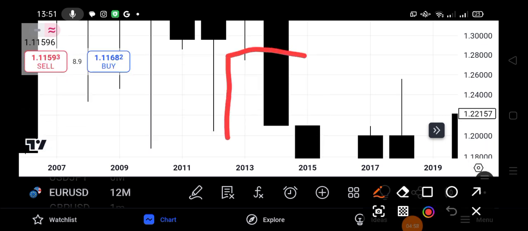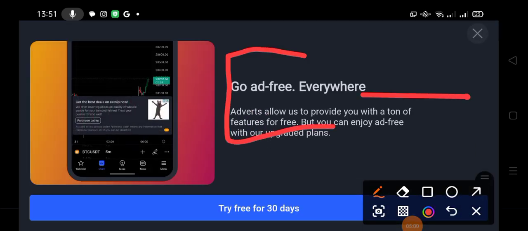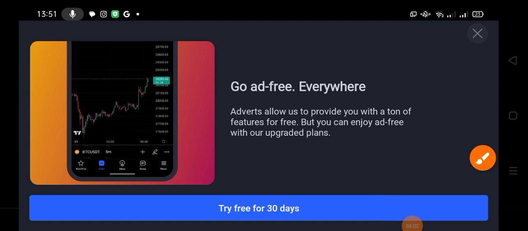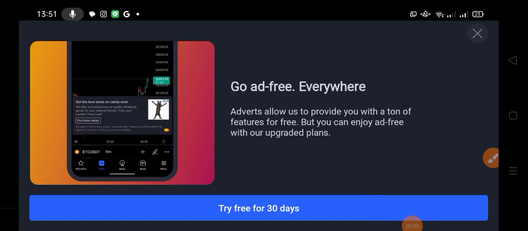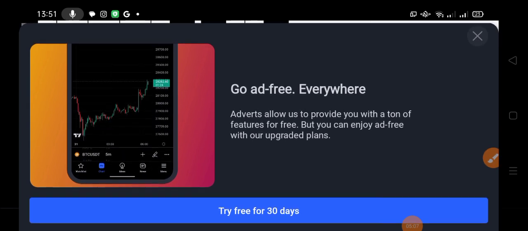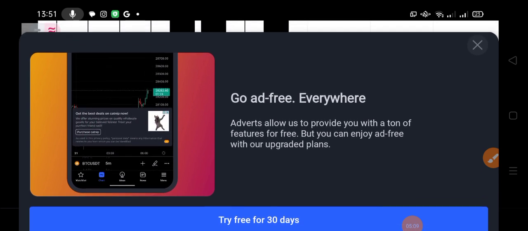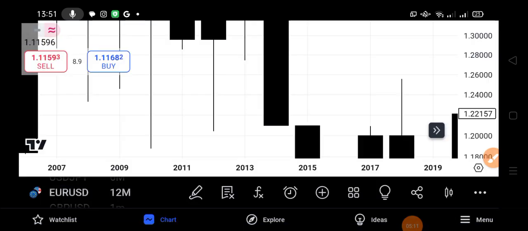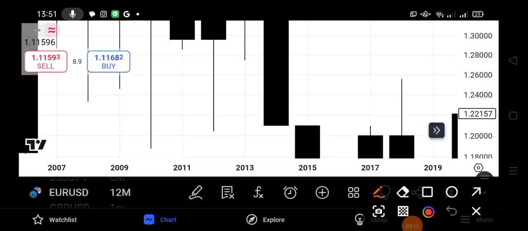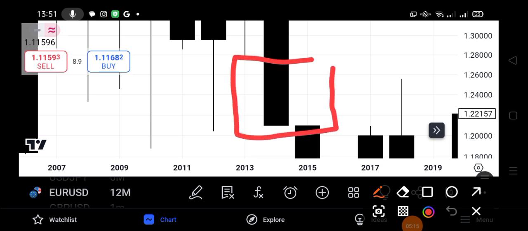This space right here, right? It's the ads, guys. Sorry. It's the ads, and my phone. So I'm talking about this area here when I'm talking about balancing price. This is what we call FVG, fair value gap, right?